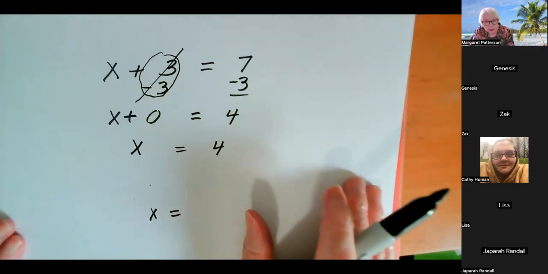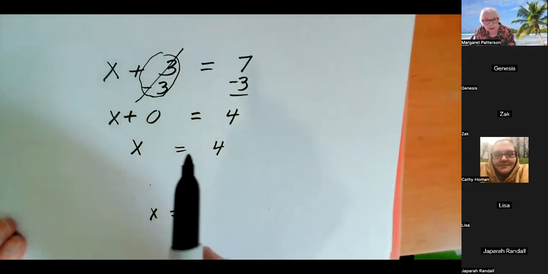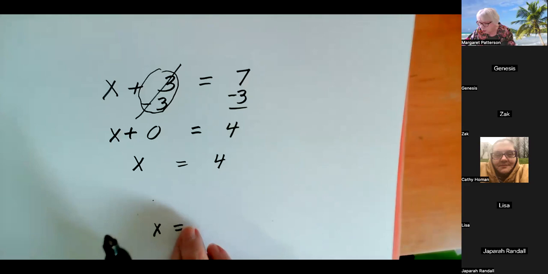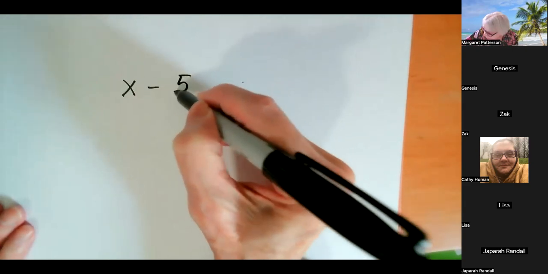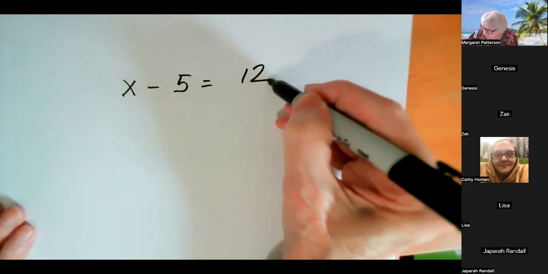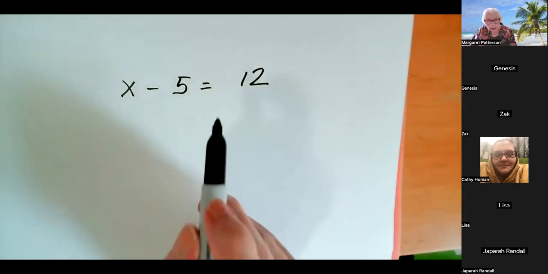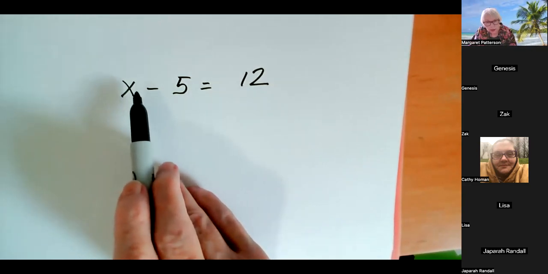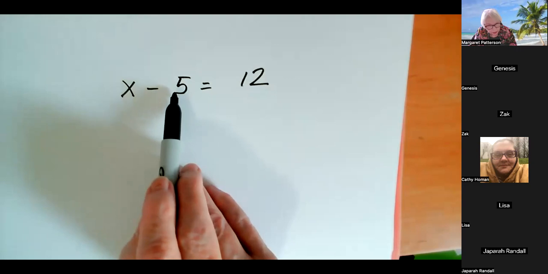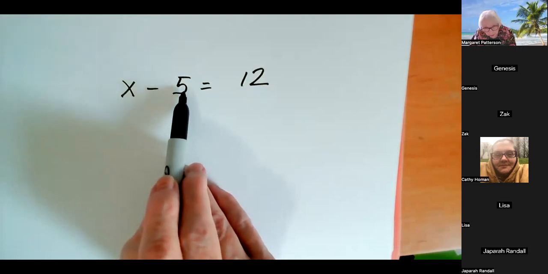So that's what I'm going to do. I'm going to do a lot more examples, but I want you to see that's what I did. So for instance, if you had an equation like this, you find the side with the X. You find if anything is next to it or near it, you're going to deal with it.